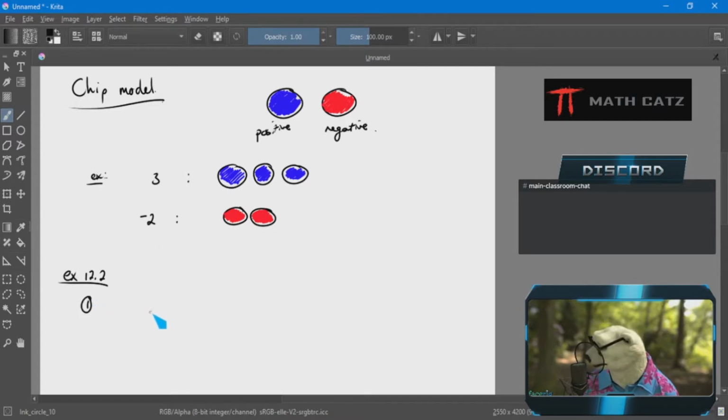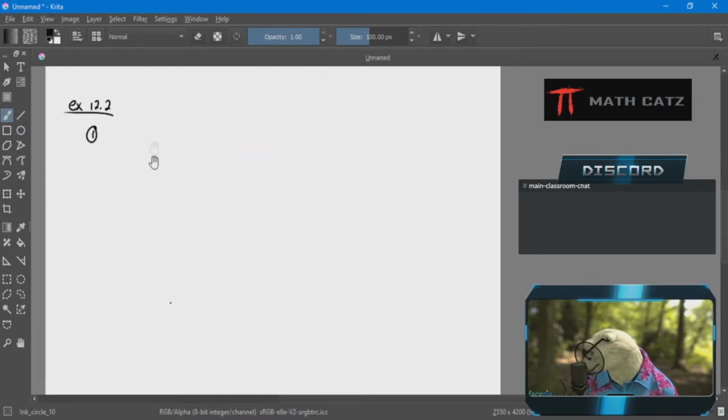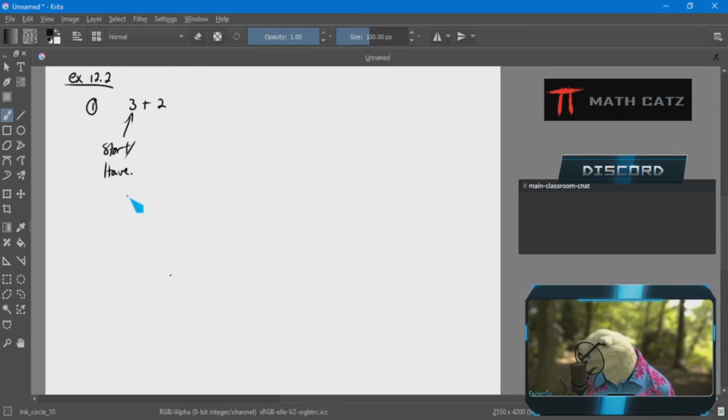Are there little tricky things in the chip model that I need to be aware of? And how does it work? Well, in the very, very simplest case of adding 2 positive integers, I look at the first number as what I start with, or what I have at the beginning before things happen.